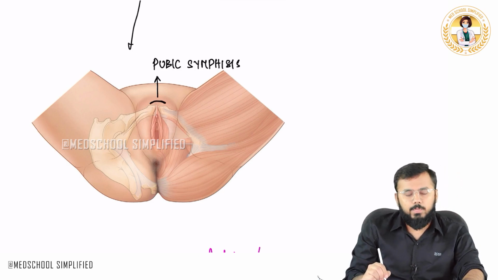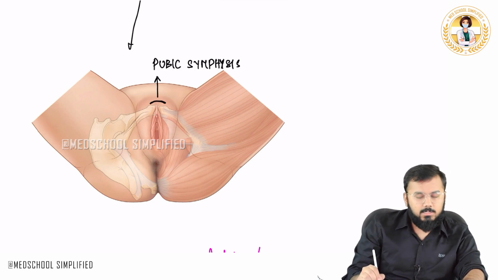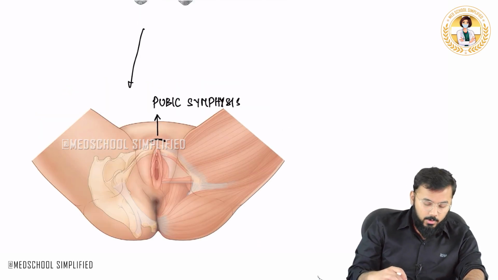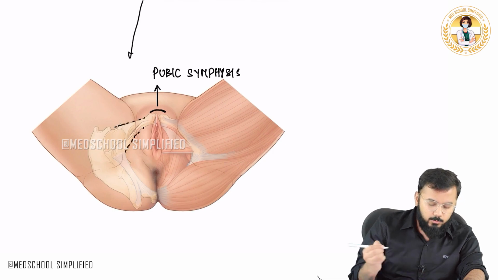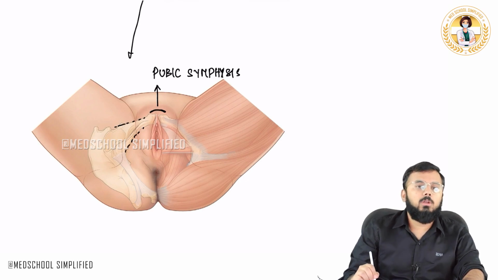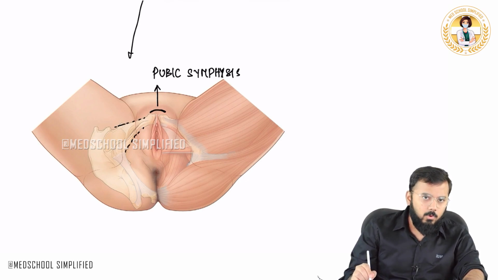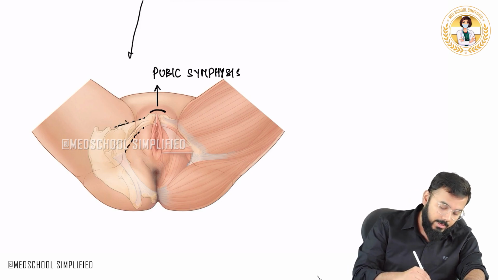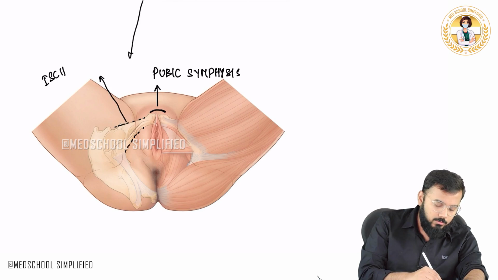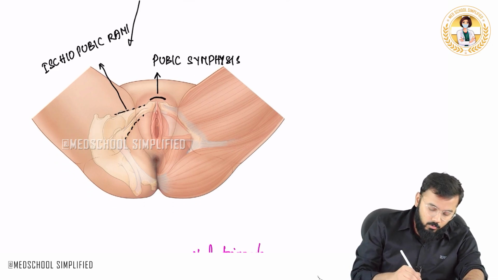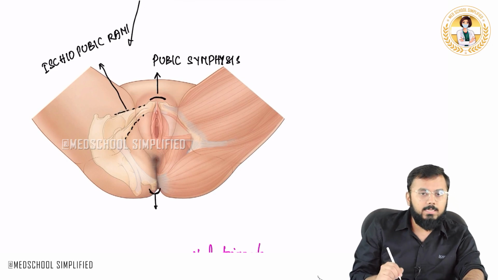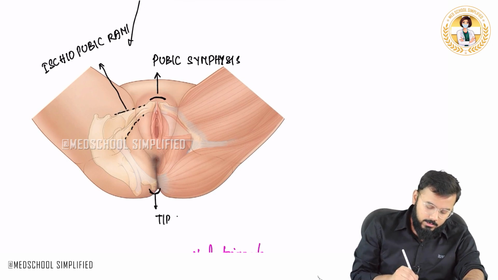The second important thing is the bone present on the sides, which is called the ischiopubic rami. And finally, down here, this bone is called the tip of your coccyx.